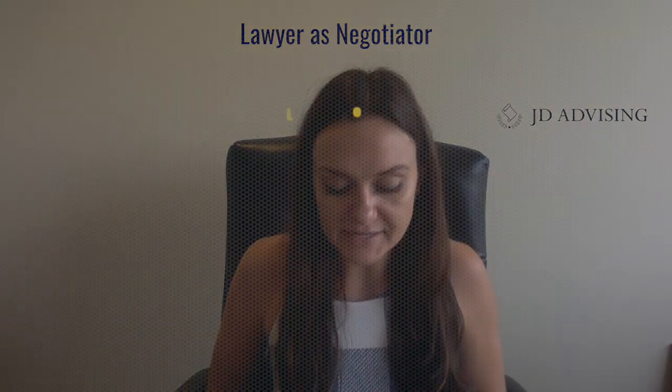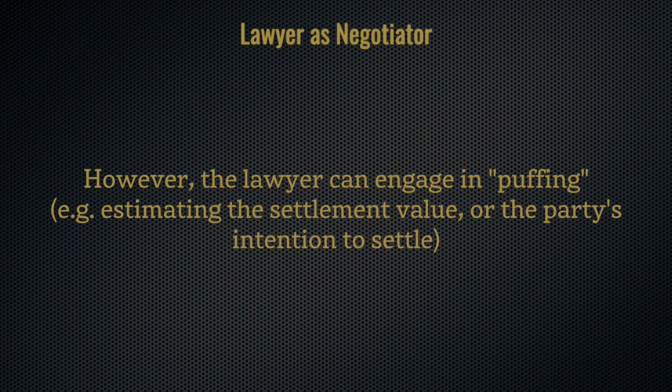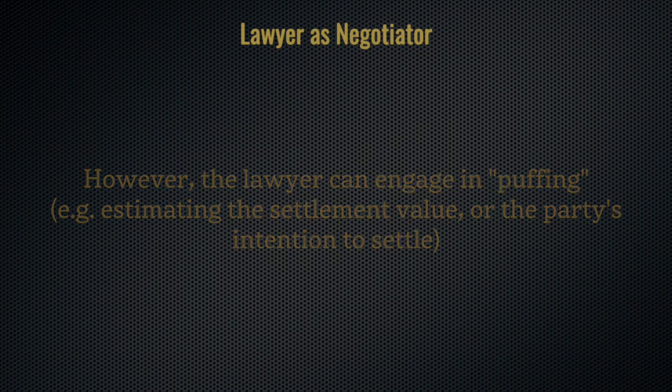However, the rule then goes on to state that the lawyer can engage in what we call puffing or puffery. For instance, the lawyer can estimate some sort of settlement value, or can engage in puffing when it comes to their client's intention to settle.